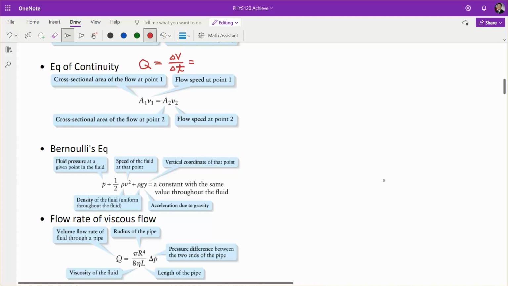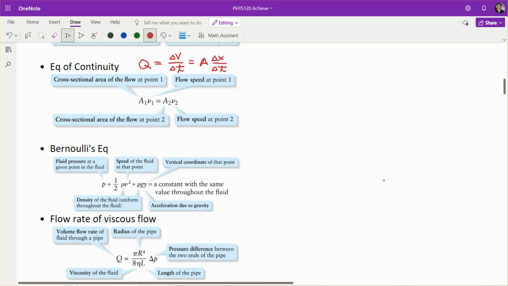So that will be the area times the distance over the time, where the distance over the time is our velocity. So that's why we have the AV. The flowing in rate should be equal to the flowing out rate. The things that go in should be equal to the things that go out. And that is the continuity equation.